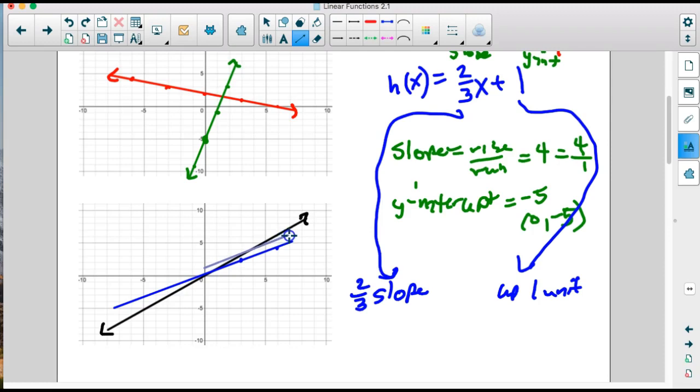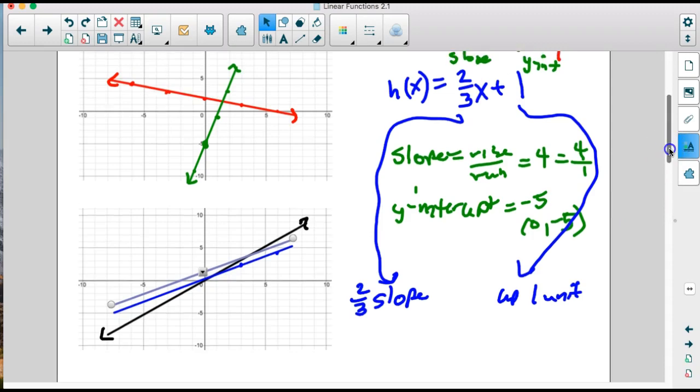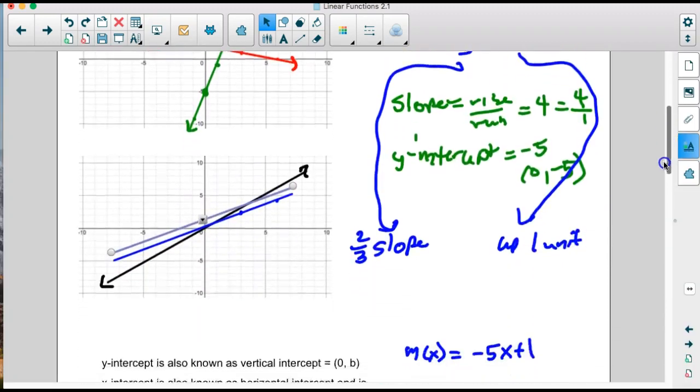It would be 1 unit higher. It would go through 1 instead, so it would be this line right there. So that's using transformations. First we shift the slope, then we shift up or down depending on whether that's the positive or negative value. Okay, so those are the 3 methods.